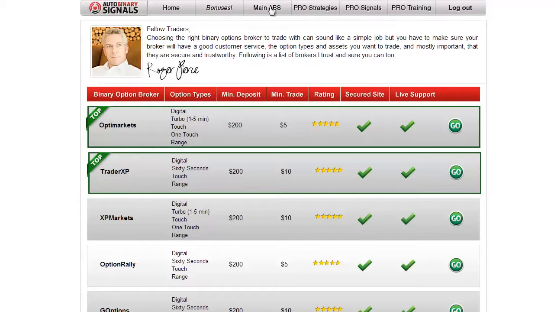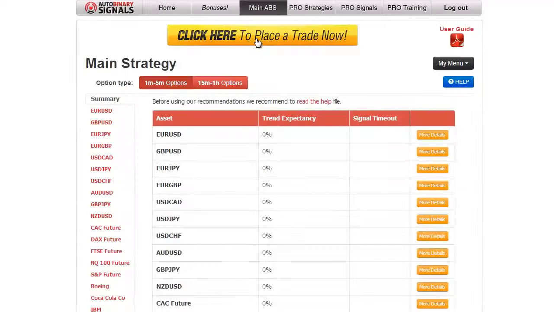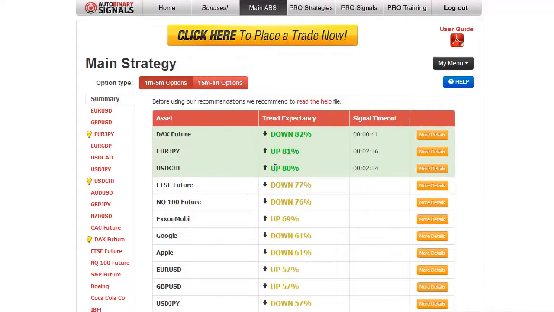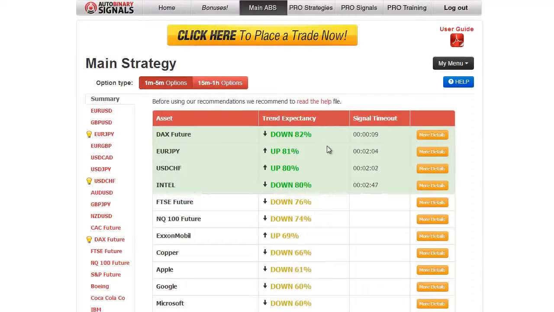For example, at this moment we see that we have a signal for euro yen, but not all brokers might have euro yen available at this precise moment because of the different risk management strategies they have. They want to protect themselves from market changes, and therefore for some reason they cannot show a certain asset.